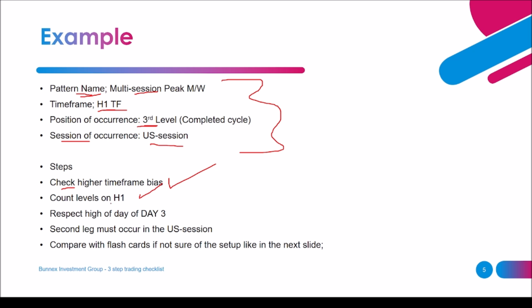Yes or no? Respect the high of day 3, meaning that after having this, we need to locate the high of day 3. Then the second leg must occur in the US session. Compare with flashcards if not sure of the setup, like in the next slide.